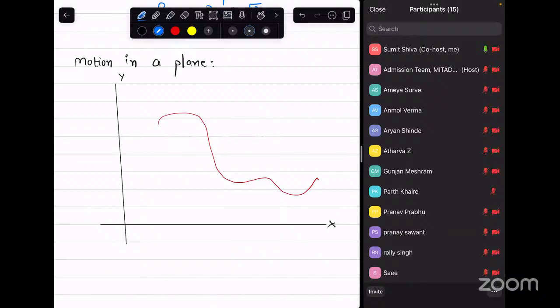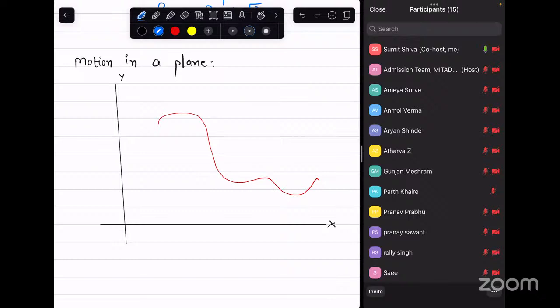In the above two cases, we have studied some special cases of motion in a plane. Motion in a plane may be circular or it may be projectile. But now we are taking a more general sense of motion in a plane. So when an object is moving in a plane, it may have any path. It is not necessary that it will always be on a circular path or a projectile.